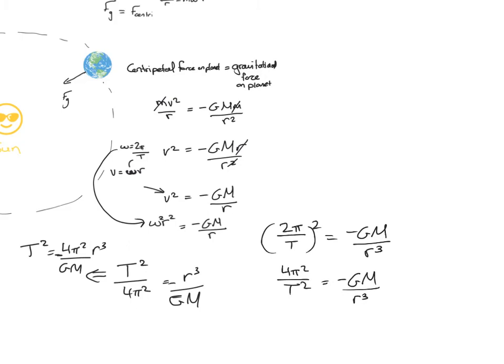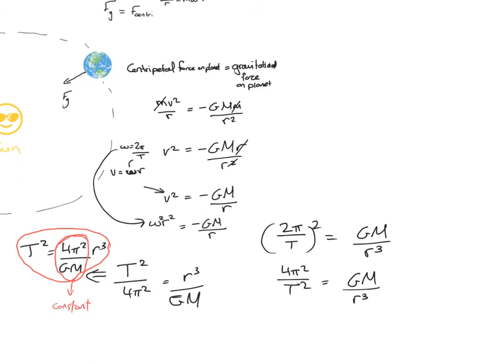We can ignore the negative sign here because we're equating the forces, so I'll just ignore the negative sign because we don't really need it in terms of what direction it's in. So we come up with an expression that links period and distance from the sun, which is Kepler's third law. So the constant that Kepler figured out was this value.